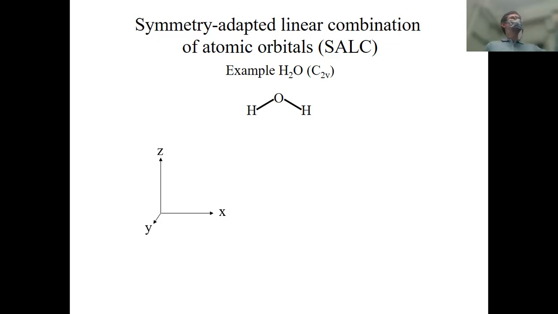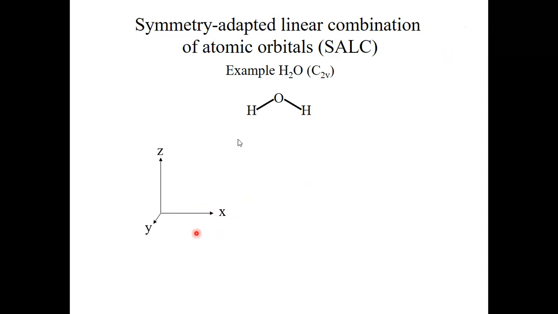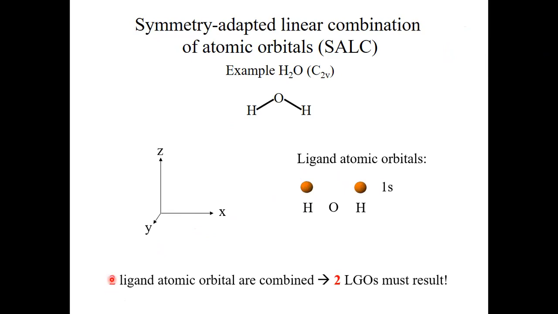Okay, so we have two atomic orbitals that we would combine to form two ligand group orbitals. That is the next step. We have the 1s orbitals that we combine to form two ligand group orbitals.